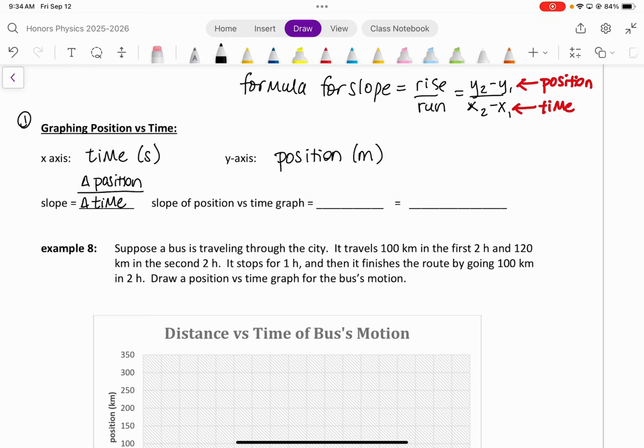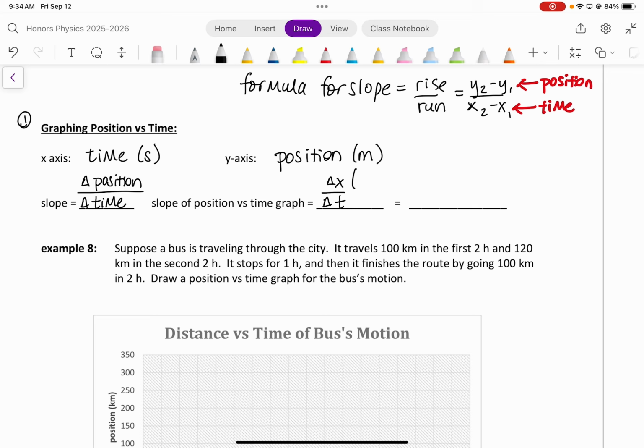So this is where sometimes it gets really complicated, because when you're learning the formula for slope, and you say y2 minus y1 over x2 minus x1, now in physics, we call x position, and we're actually graphing it on the y-axis. Okay? So the slope of a position versus time graph is delta x over delta t.